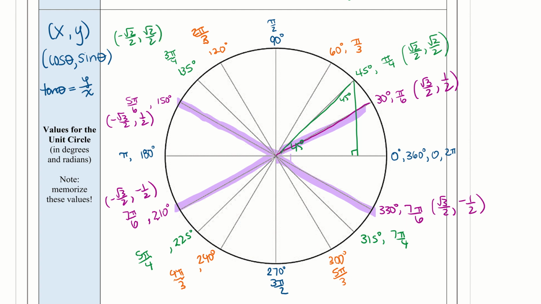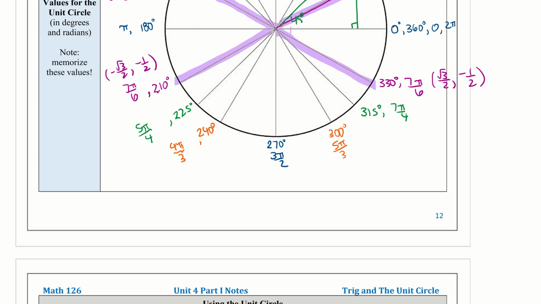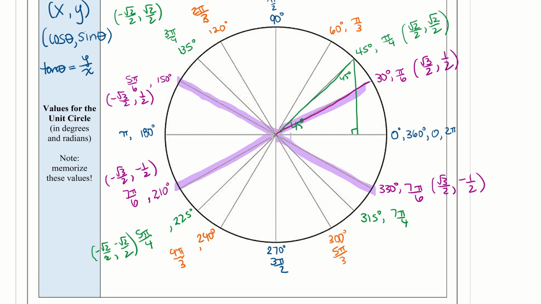This one in the third quadrant, both of them are going to be negative. So both sine and cosine are negative. Cosine first and then sine. If you forget which one comes first, it's in alphabetical order. Cosine, the letter C, starts before the letter S for sine. And then in the fourth quadrant, we have a positive for cosine and a negative for sine.